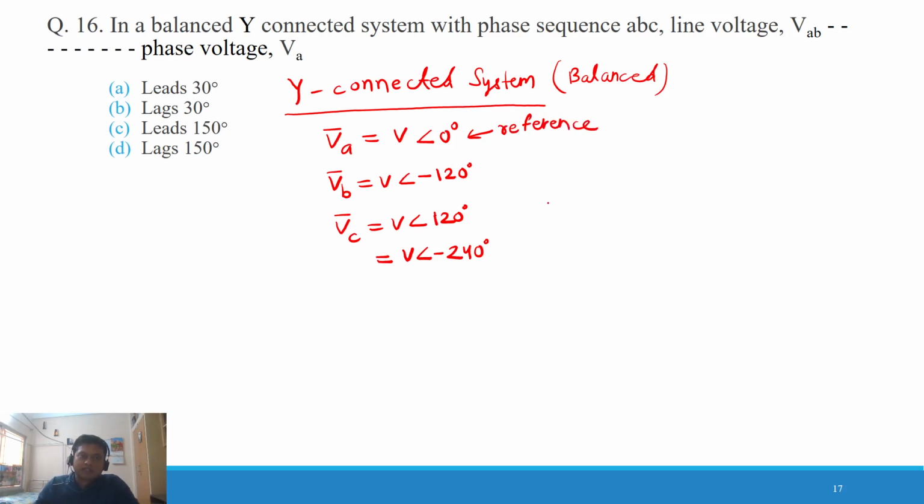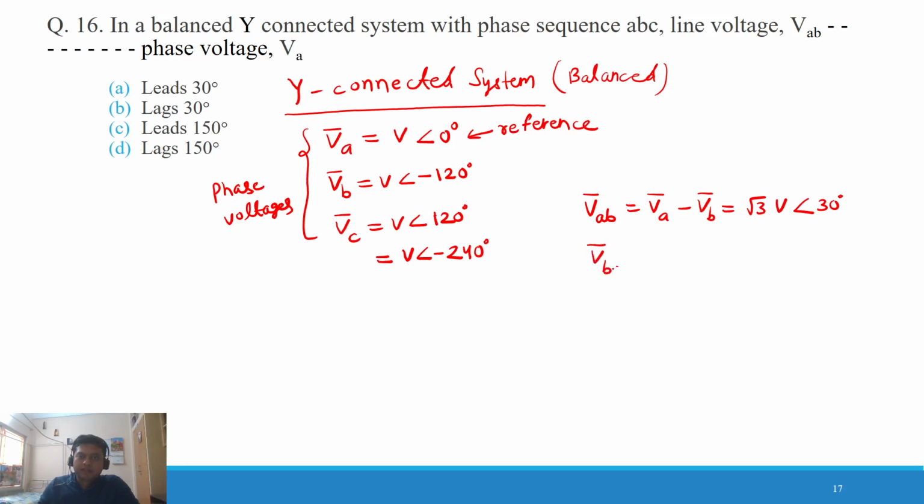So the phase voltages are given by this. Now for the line voltage, how can we write VAB? VAB is VA minus VB, that will give you root 3 times the phase voltage magnitude at an angle that leads the phase A voltage by 30 degrees. And VBC we can write as VB minus VC, and it also leads the phase B voltage by an angle of 30 degrees.